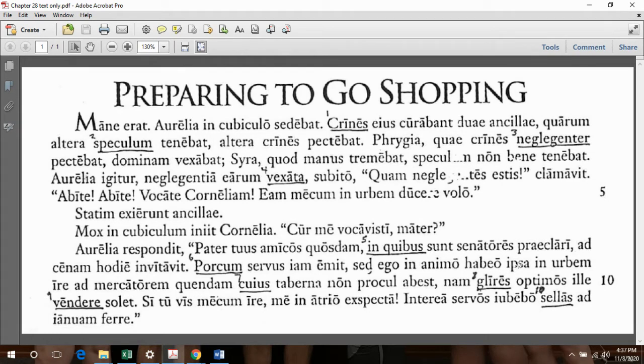Here, because it is an intensifier, it is going to be I, myself. If it were habet, and the subject were she, it'd be she, herself. But in fact, here, of course, it is intensifying the subject I, and it is in the nominative modifying it. I, myself, have in mind ire, to go, in urbem, into the city, ad mercatorem quendam.